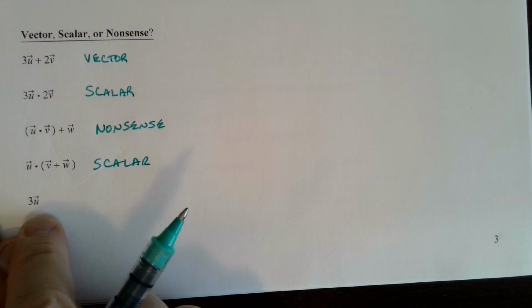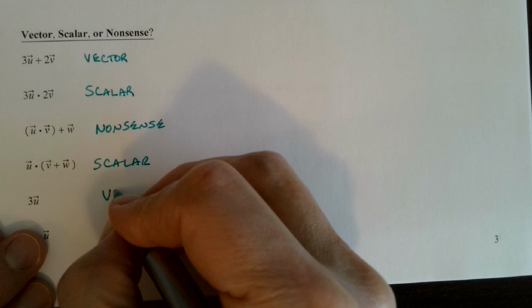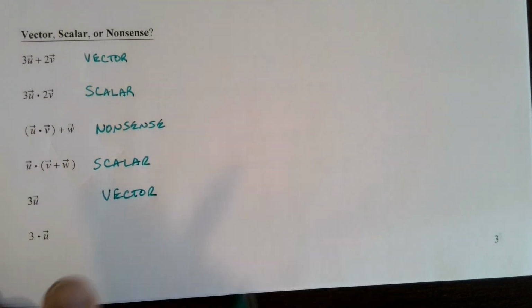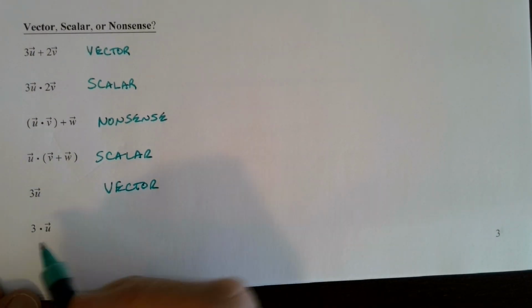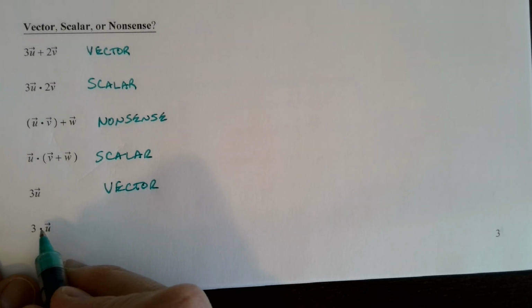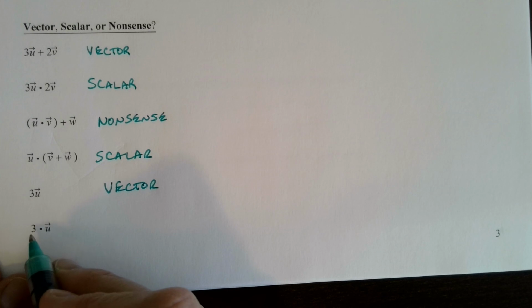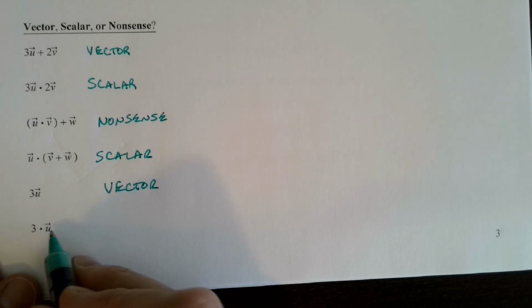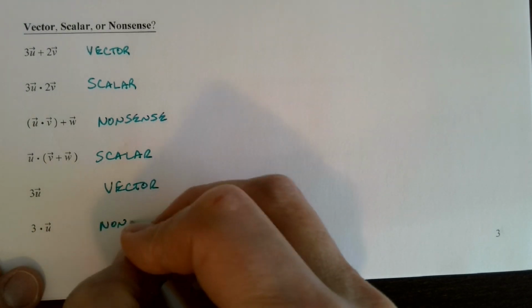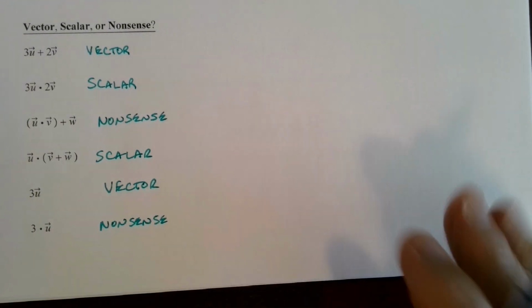Here again, a scalar multiple of a vector is a vector. But what about this? Remember, the dot always means dot product, not multiplication. So it can't mean 3 times u. This is nonsense because this is a scalar and this is a vector. Notation matters.